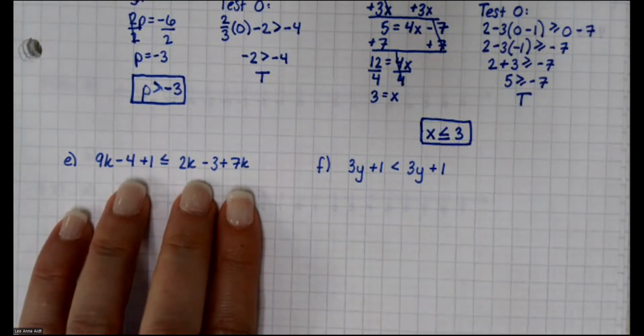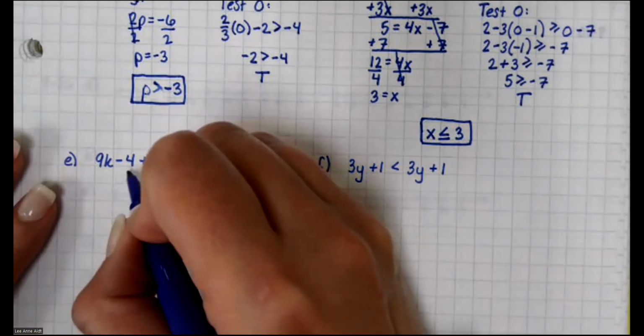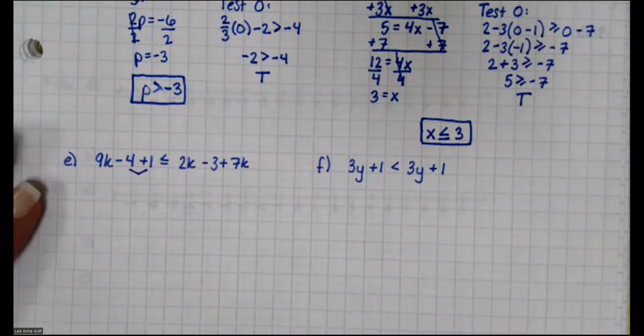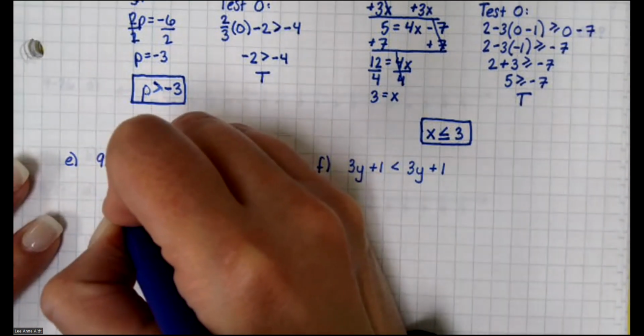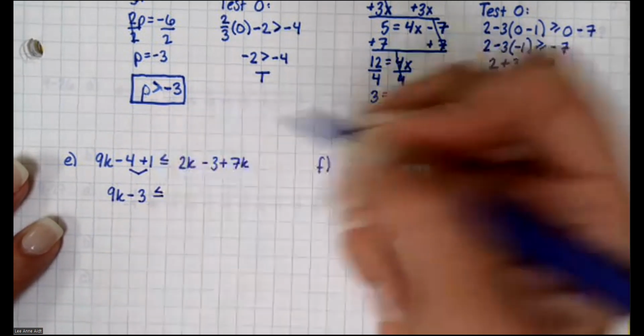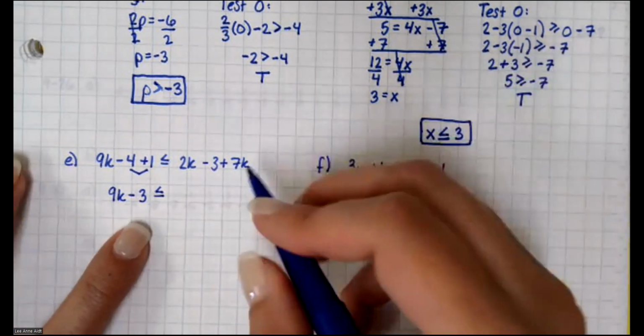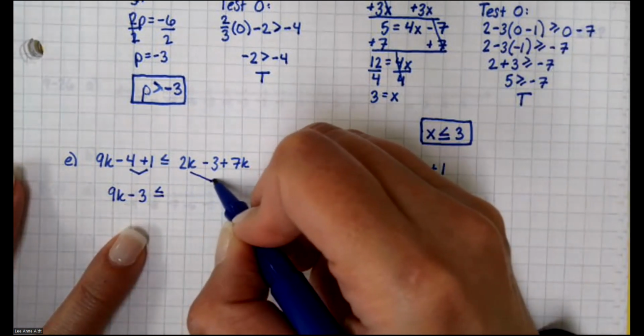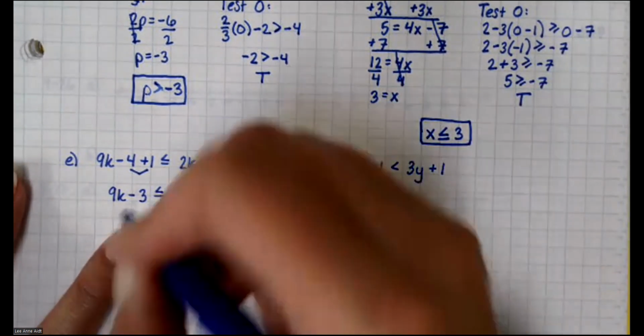Okay. So if I add these two like terms together, this should give me 9k minus 3 is less than or equal to, and then I have these like terms.